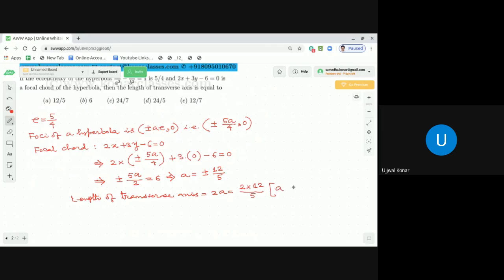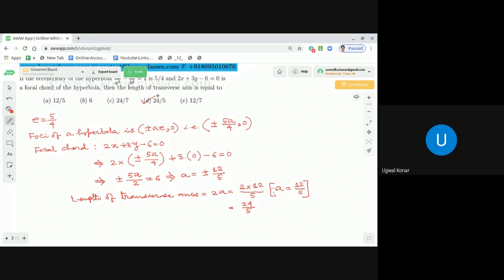We are considering that a is equal to 12 by 5. So we get 24 by 5. And as you see, out of all these options, D is the correct option.